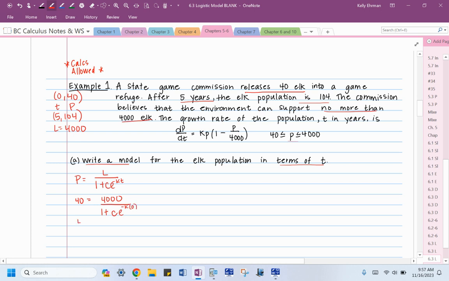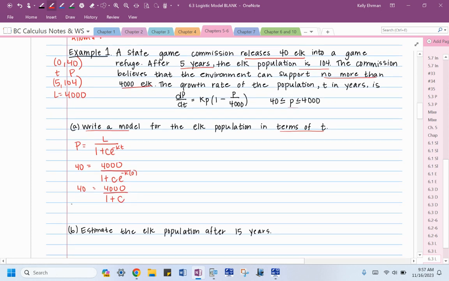All right, well, this is really 40 equals 4,000 times 1 plus C times 1, right? E to the 0 is 1. You're trying to solve for C, so multiply 1 plus C over to this side, divide 4,000 by 40. So that's 400 divided by 4, that's 100. So we've got C. C is 99.